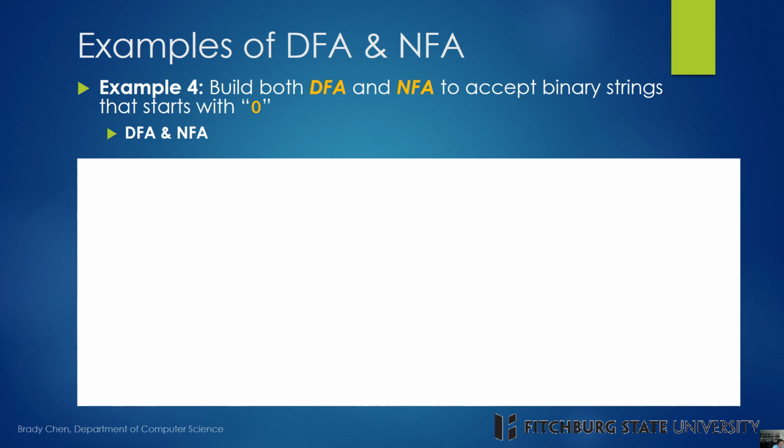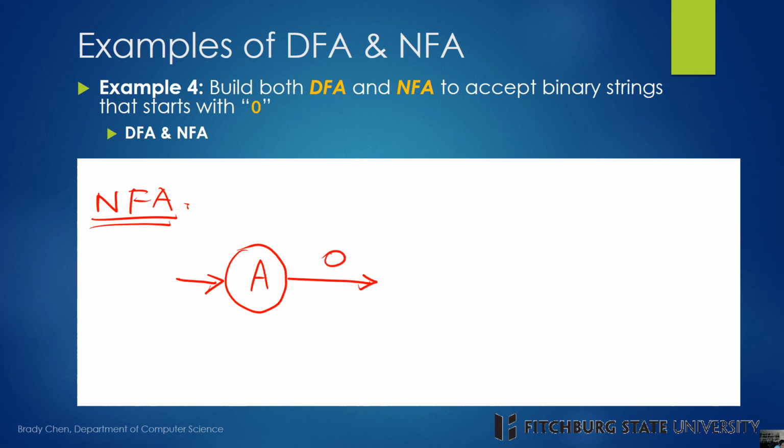Now let's build the NFA to accept the binary strings that start with 0. Again, the NFA is going to be simpler, right? So let's start with state A. Now, if the input value is 0, then we go to the next state, B. Since this NFA accepts binary strings that start with 0, B is the accepting state, right?